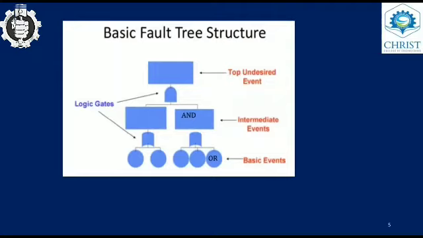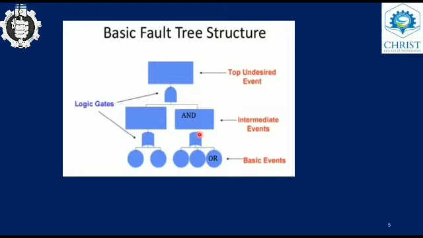So this is a basic diagram of fault tree analysis. From the top we have a system or top level event, that means the failure, and just before the failure we have an AND gate. An AND gate means it is due to these two rectangles, that means these are the intermediate events.